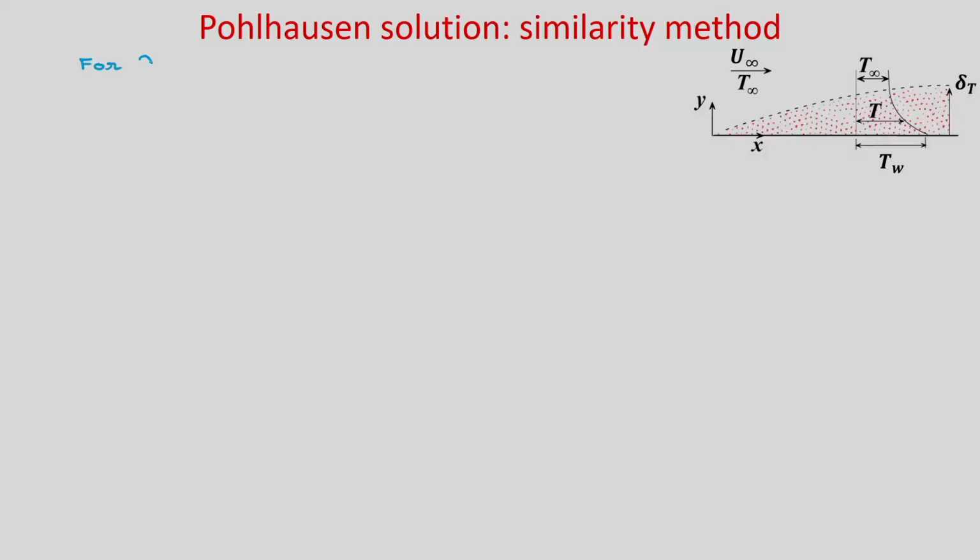So, for lambda is equal to 0, okay, here now Tw is constant, we can write theta double prime plus Prandtl number by 2 f theta prime is equal to 0, okay, where Tw is constant. Okay. So, this is a special case for lambda is equal to 0.